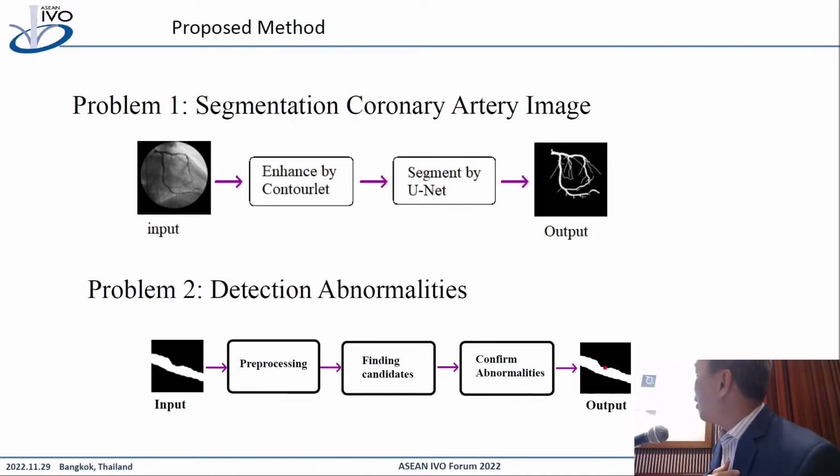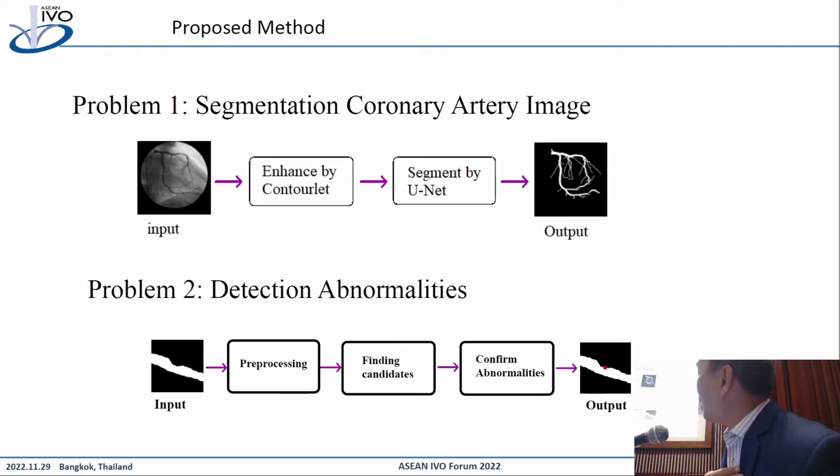So our group suggests enhancing the vessel with Contourlet. After that, we build a UNet, a kind of deep learning improved from CNN, to get the output. This is the image where the coronary arteries are segmented.